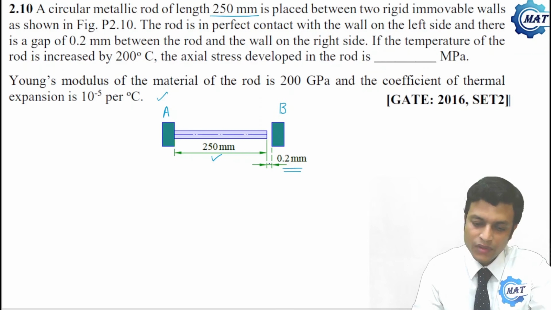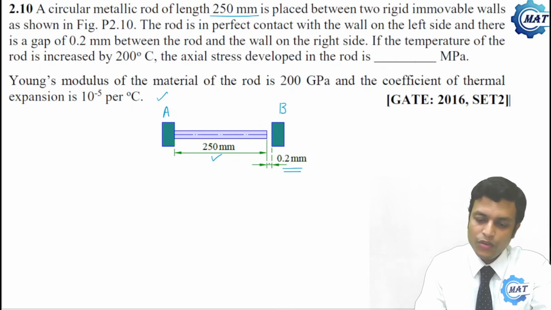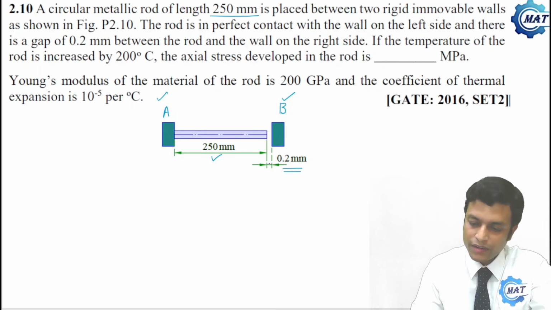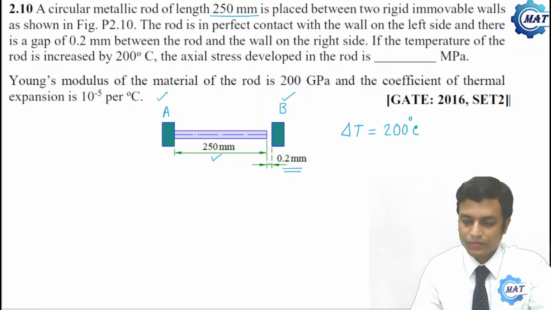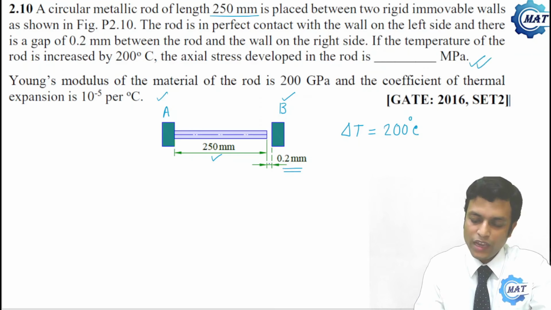There is a gap of 0.2 mm between the rod and the wall on the right side, that is at B. If the temperature of the rod is increased by 200 degrees Celsius, that is delta T is 200 degrees Celsius, the axial stress developed in the rod, and that unit should be in MPa. So we have to calculate the axial stress, that is stress along this direction. This is the axial direction.